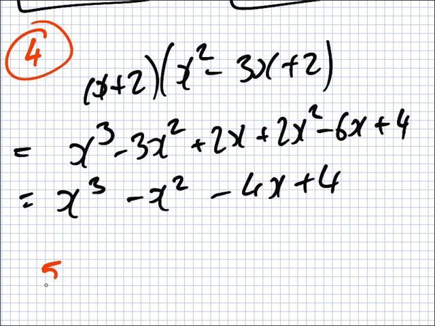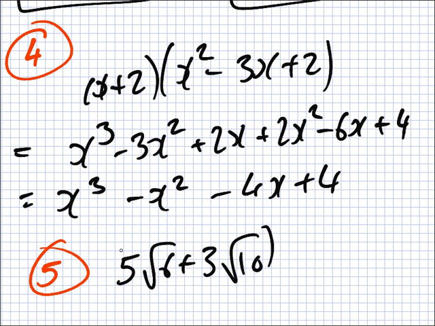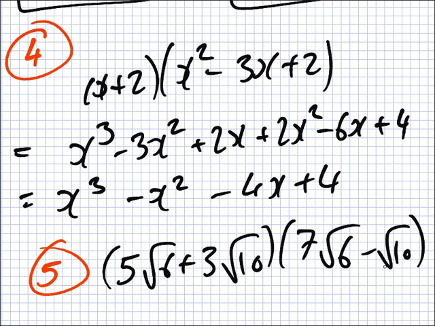Five. 5 root 6 plus 3 root 10 times 7 root 6 minus root 10.